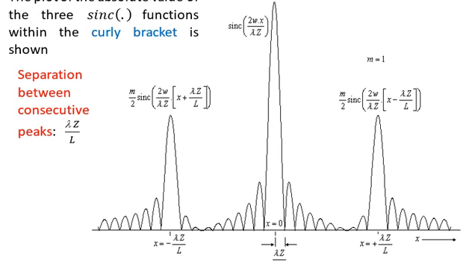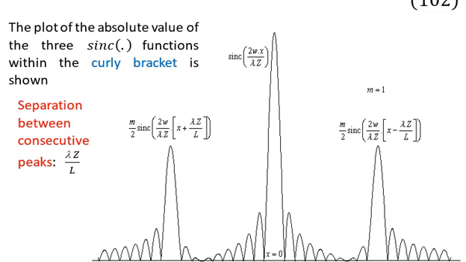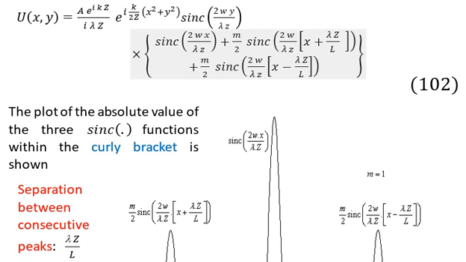This diagram has been very well explained, and these are the plots of equation 102 in one dimension using m is equal to 1.